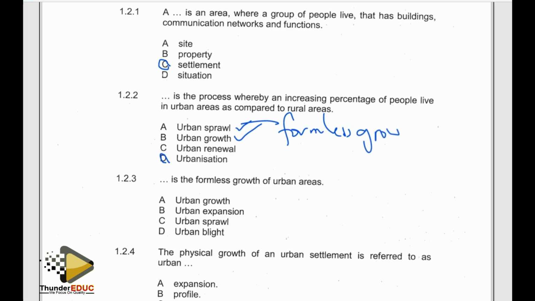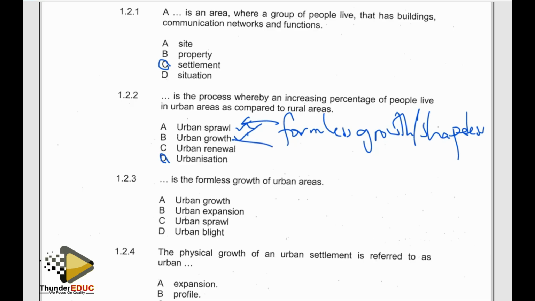For example, when we have informal settlements sprouting and growing, it's an example of urban sprawl. They are formless and unplanned for. The urban area grows without a defined form or shape. It's shapeless, uncontrolled growth. The urban area just grows anyhow, in any direction, without following a proper plan.